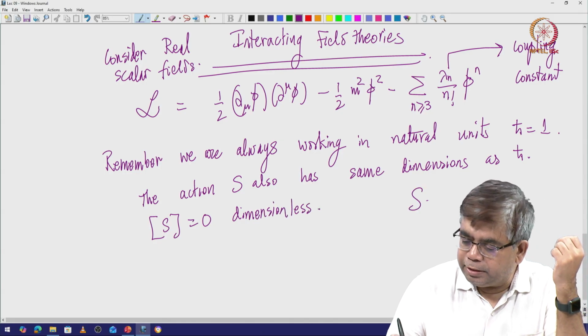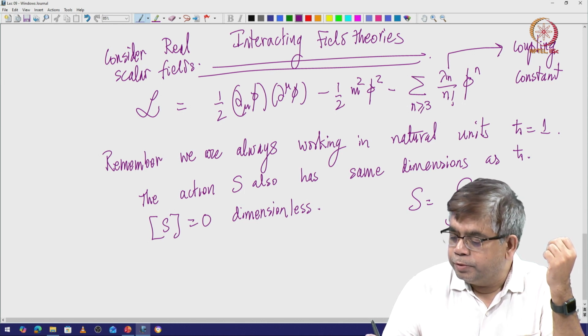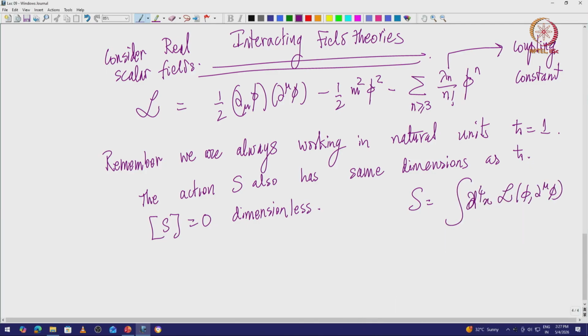Now action is defined in terms of the integral d^4x of the Lagrangian L. If the action is dimensionless, this means the Lagrangian should be of mass dimension 4 in these units.